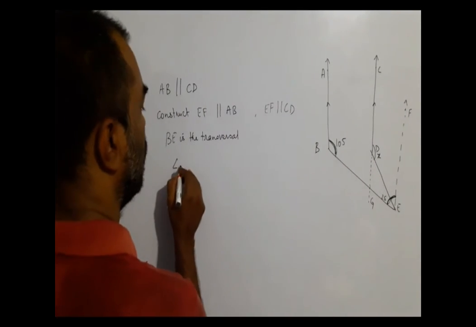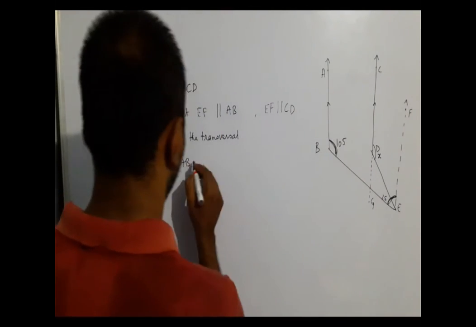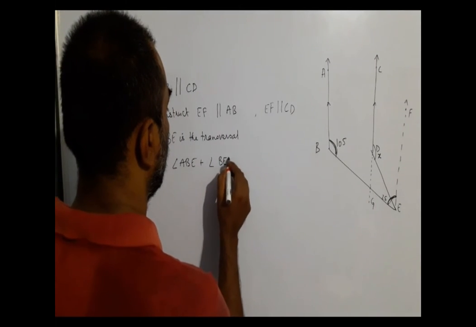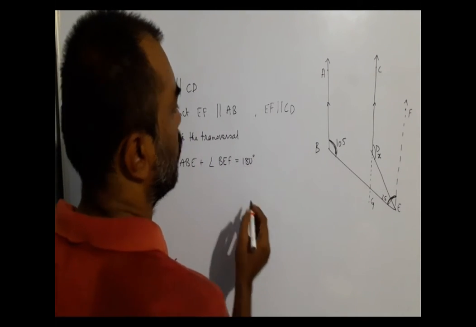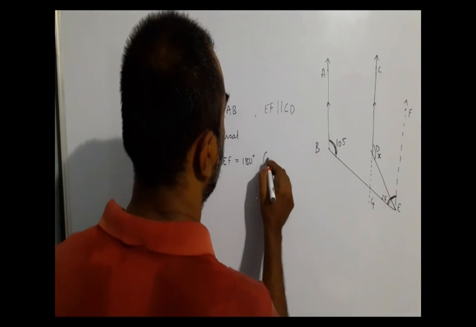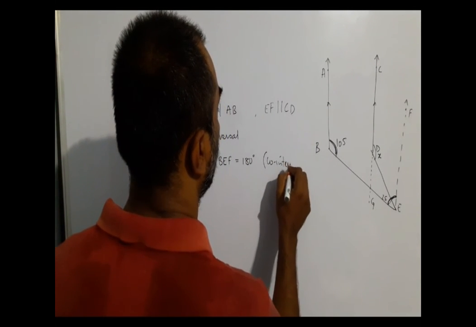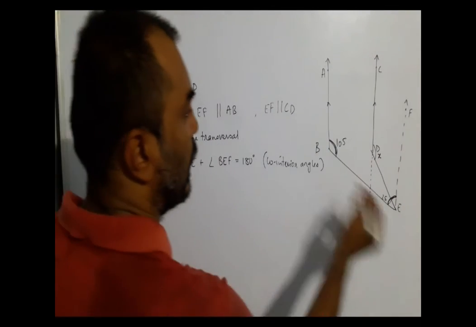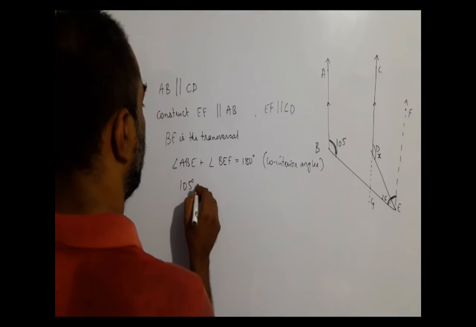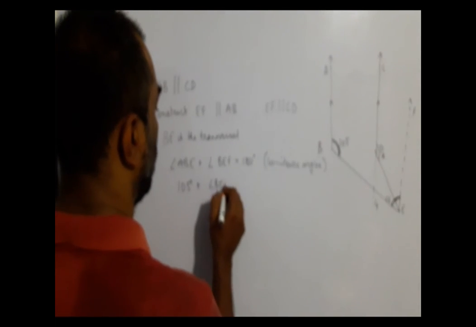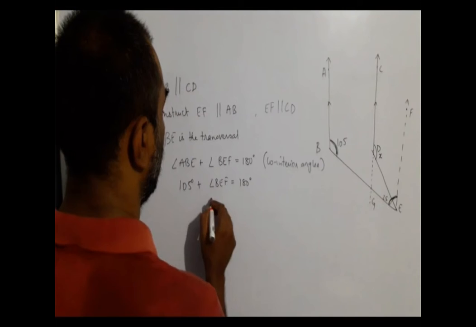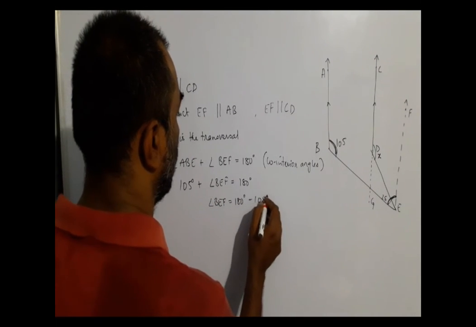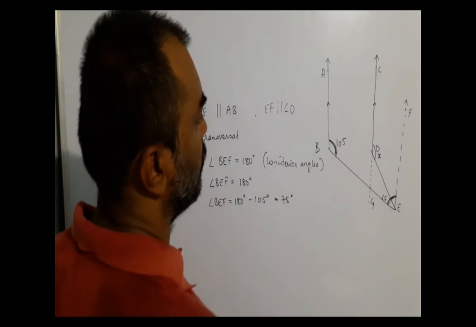Angle ABE plus angle BEF equal to 180 degrees. Why is the sum 180? You have to write they are co-interior angles. Right? But ABE is given 105, BEF we don't know, sum is 180. So angle BEF is 180 minus 105 equal to 75 degrees.